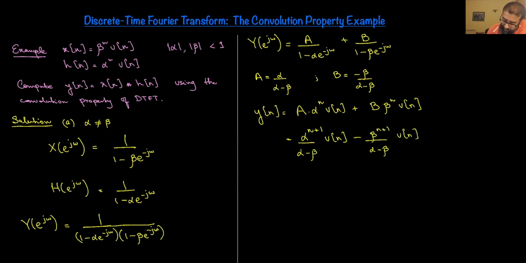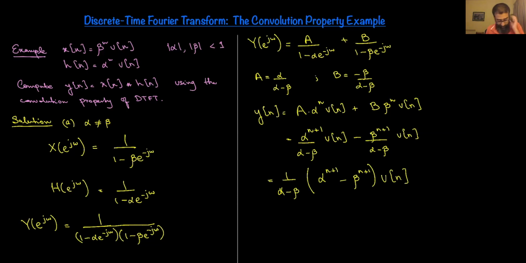And just simplifying this a little bit further, the y of n, which is the convolution of x and h, is just simply 1 upon alpha minus beta all multiplied by alpha raised to power n plus 1 minus beta raised to power n plus 1 times u of n. So that's your answer, and you can actually go ahead and verify that if you perform the discrete time convolution between x and h when alpha is not equal to beta, this is exactly the same result that you're going to get.